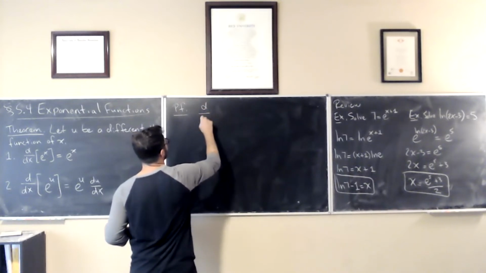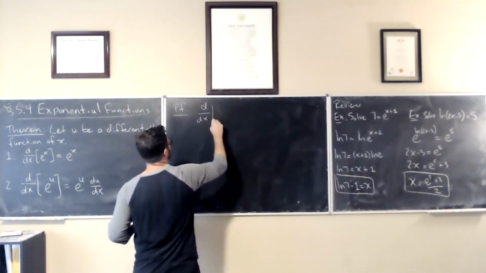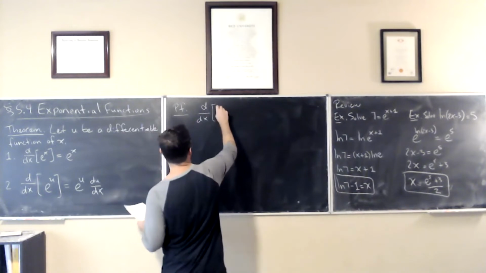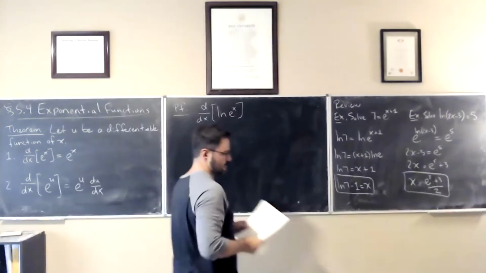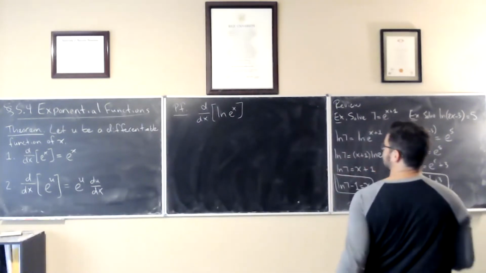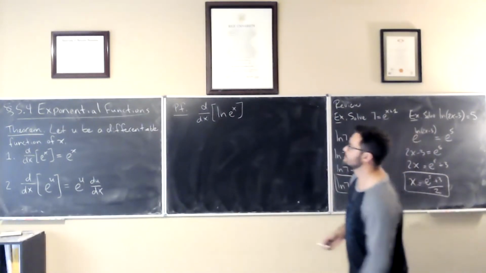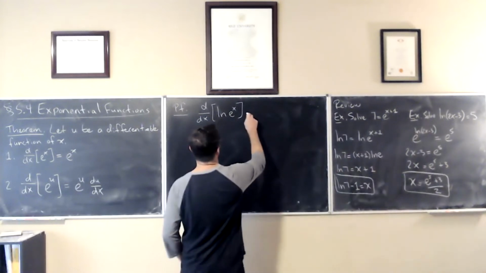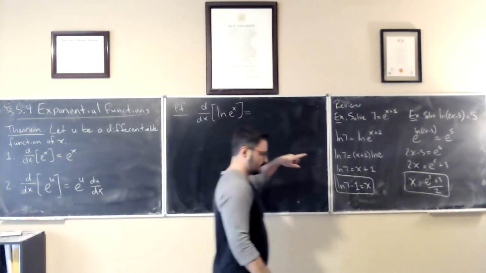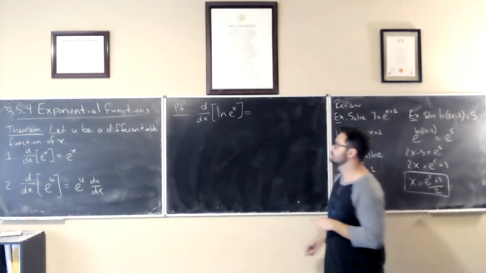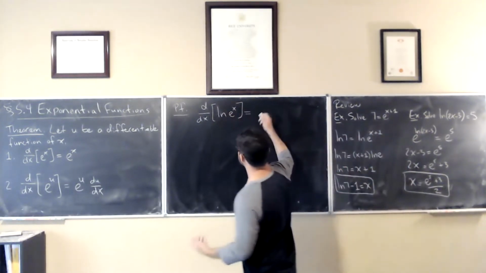So suppose we take the derivative with respect to x of that. Okay, so what does this become? Well, because these are inverses of each other, this inside is just x, right?